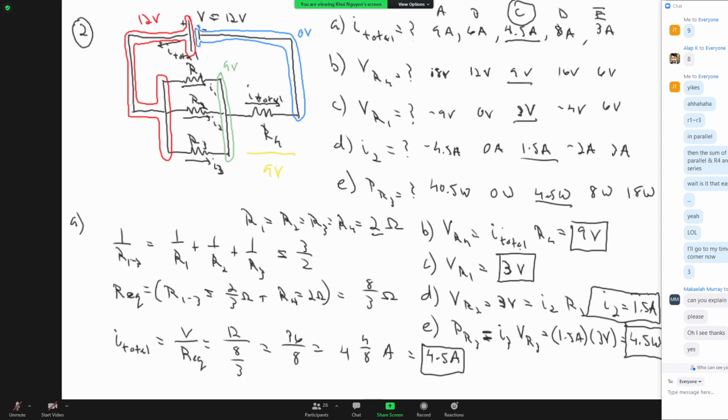Any other questions? Cool. Everything else makes sense for VR2 and the power dissipated across that resistor?